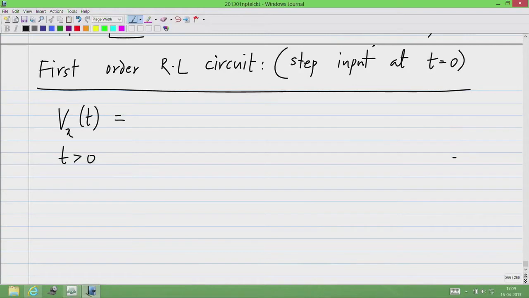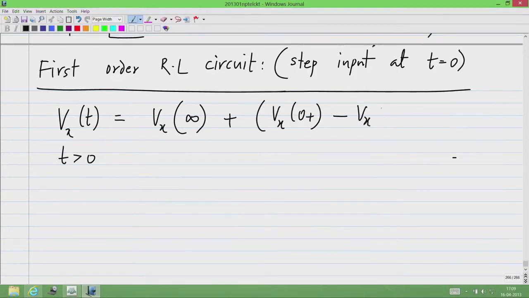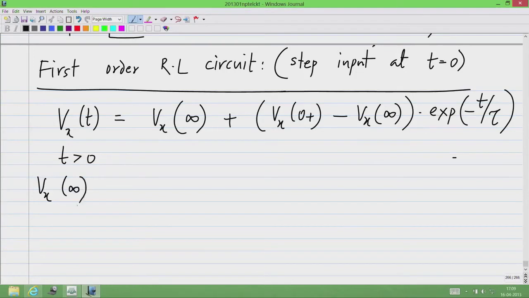Okay. Vx of t will be Vx of infinity plus Vx of 0 plus minus Vx of infinity times exponential minus t by tau. So, you have to find Vx of infinity.